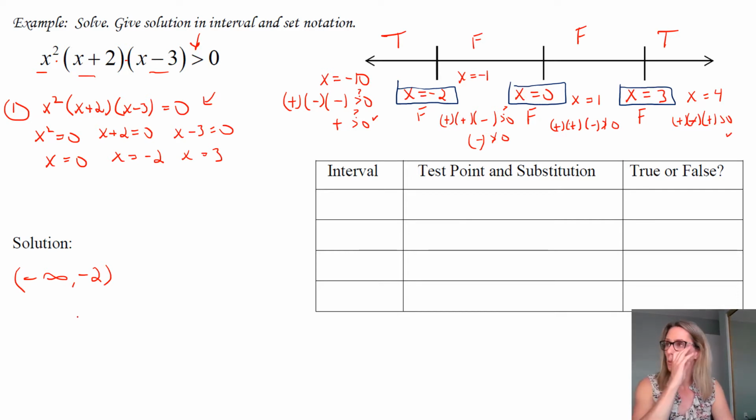Then we don't have anything in between, because the interval is false all the way up until 3. And 3 is not included, but we can go all the way up to infinity after that and close everything up with parentheses here. So notice it's all parentheses, partly because there's no equal sign in our original inequality, and also because we are dealing with infinity, and anytime you're dealing with infinity, you're going to have parentheses as well. But that is the answer to that.